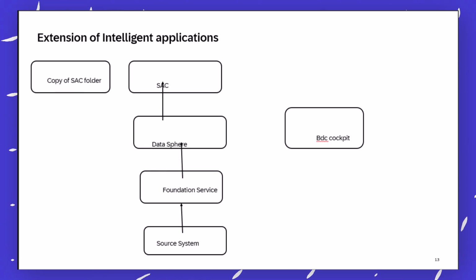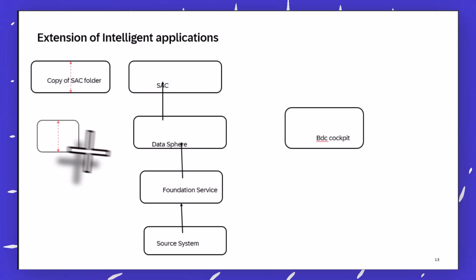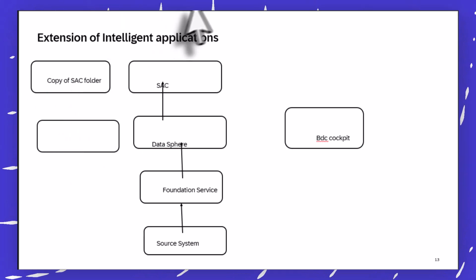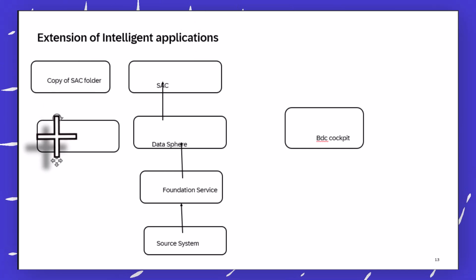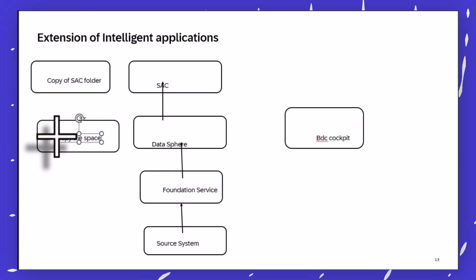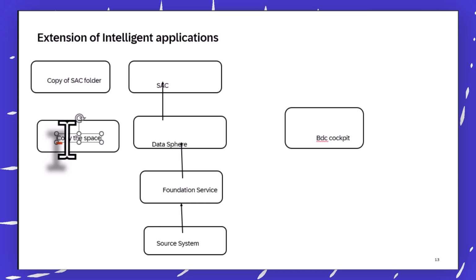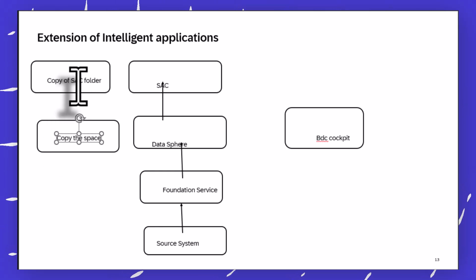In that case, the customer needs to copy that entire space. In this copied space the user has edit access, so they can edit the respective objects, and then map those objects to a copied SAC report. So this is how the end user can extend the intelligent application delivered by SAP.